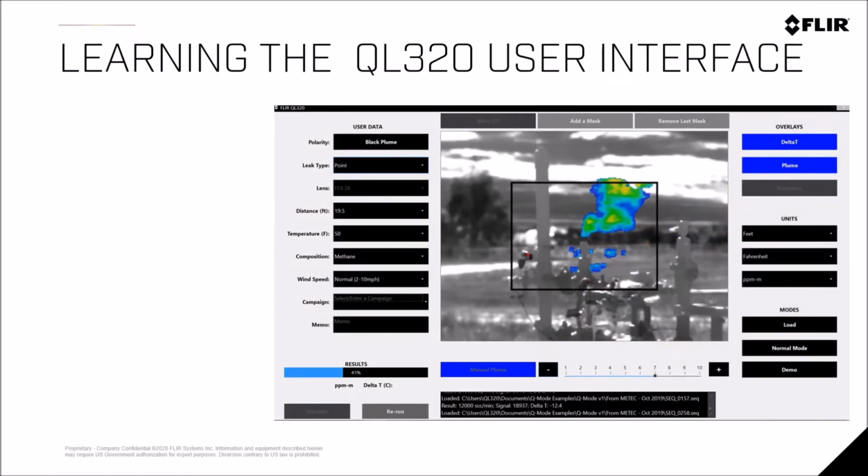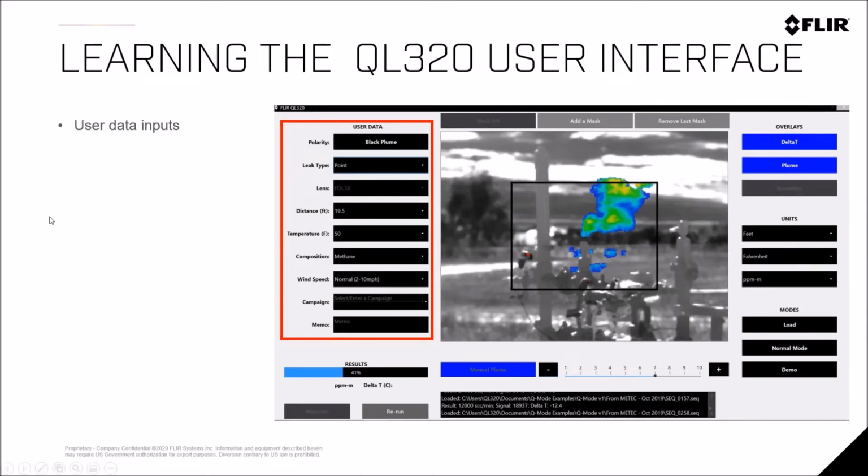As we look at learning the QL320 and what everything is, the first thing are the user inputs that you'll look at when you grab the QL320 on the top left of the screen. These are the manual inputs. From polarity is very simple. What color is the plume? Sometimes you may need to turn the overlay off.